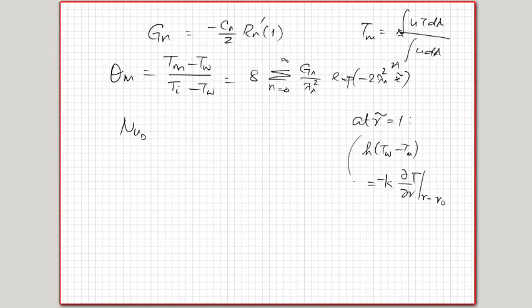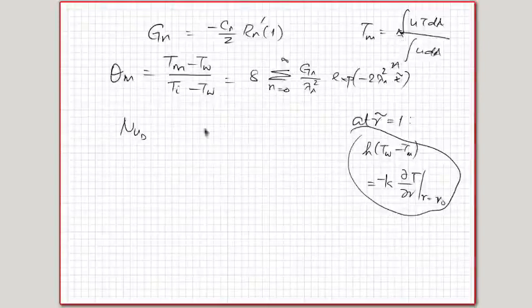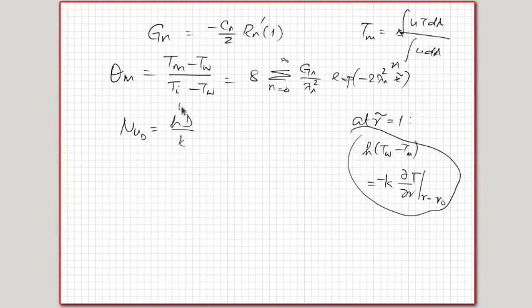Now, if I write this in terms of non-dimensional things and use theta m and all that and simplify, you get an expression for Nu_D, which will be h into d by k. Okay, so this is h d by k at any x.